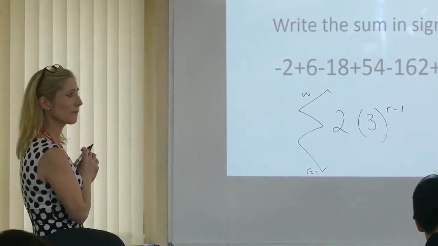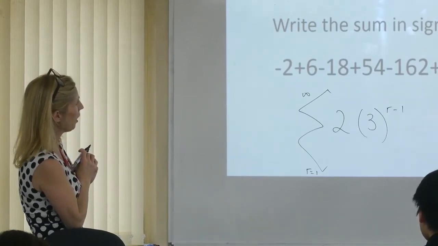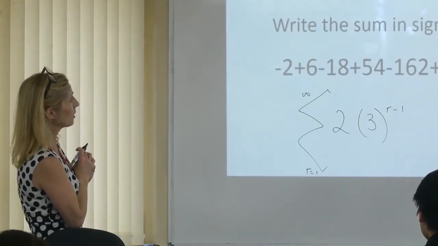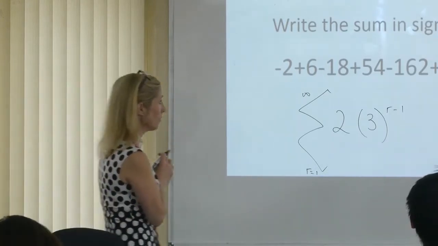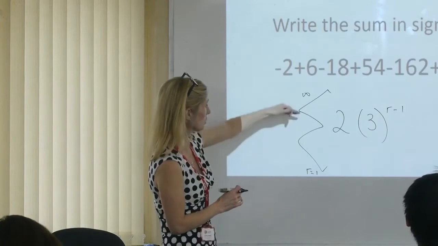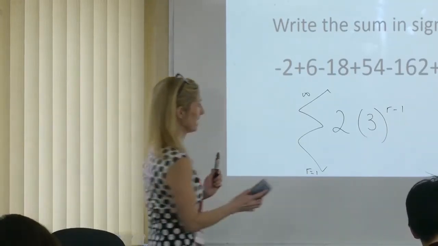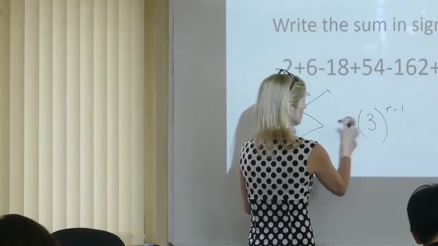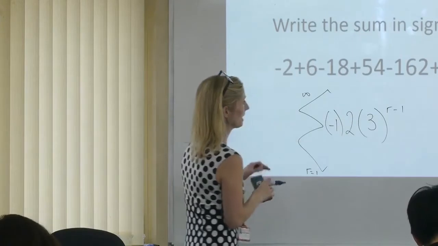Right, Zaid. We want it to oscillate on the first, the third, the fifth, and so on. Right. What do we need to do to make sure that it oscillates on the correct term number? If we put minus 1, what do we need to make sure?